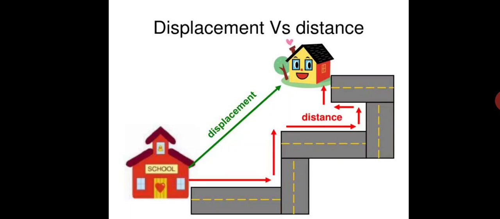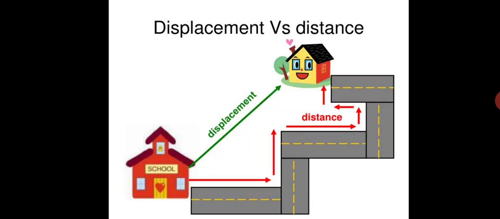Here you are going back home, from school to home. The direction you are going to travel is, for example, east, and the distance you have covered is 2 kilometers. So I am mentioning here 2 kilometers you are going to travel in the east direction, which means I am mentioning the magnitude along with the direction. Then we call it displacement.